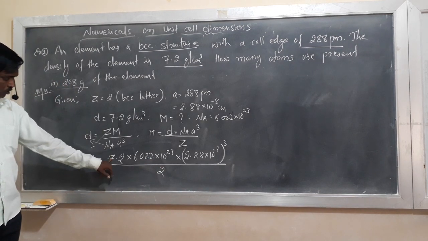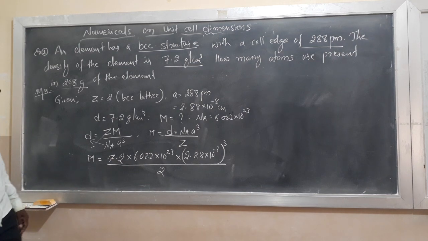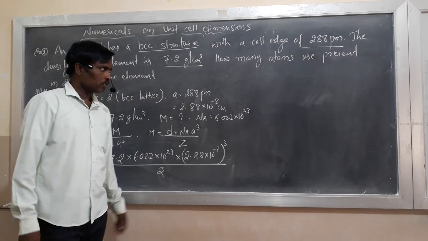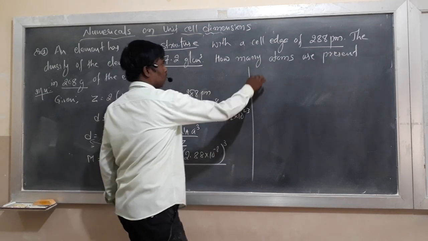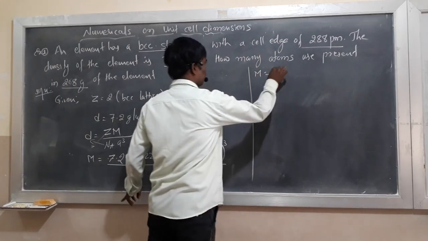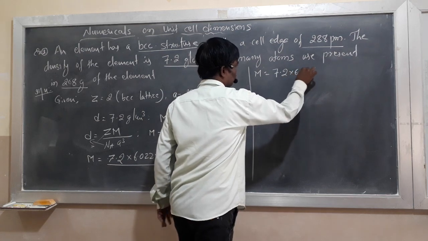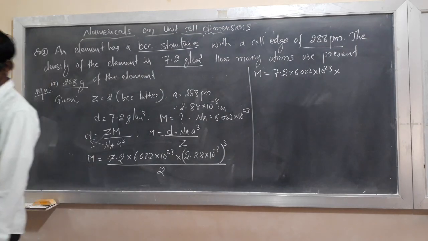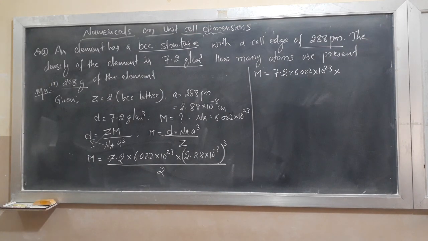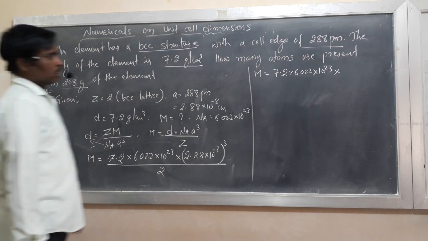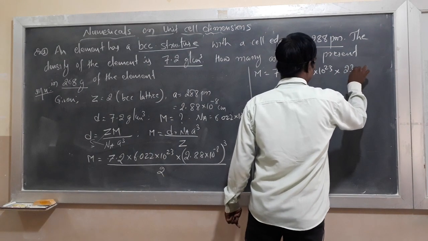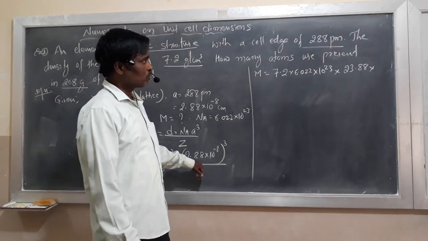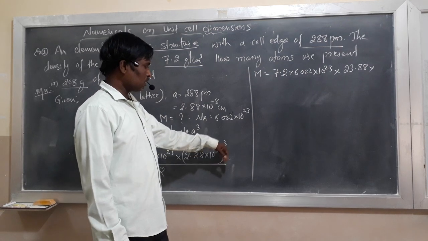Now I will simplify numerator and denominator. Before simplification, first find the cube of this term. So the cube of 2.88. Now m is equal to 7.2 into 6.022 into 10 raised to 23 into the cube of 2.88, which is 23.88, just check, into 10 raised to minus 8 whole cube.